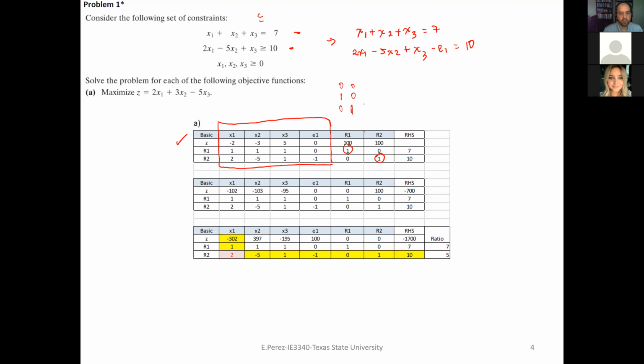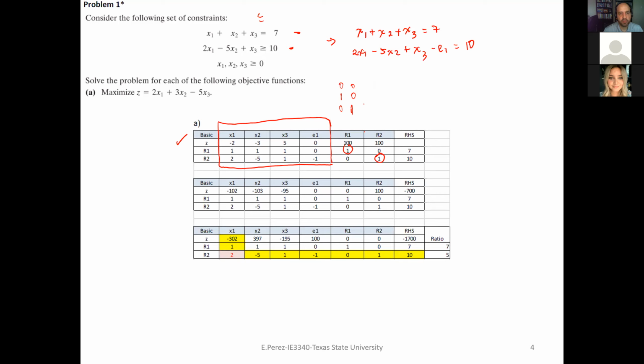Typically that's what we want to find to identify the initial solution of the problem. We need to find those columns that show the identity matrix, and those columns are going to tell you what the basic variables are.